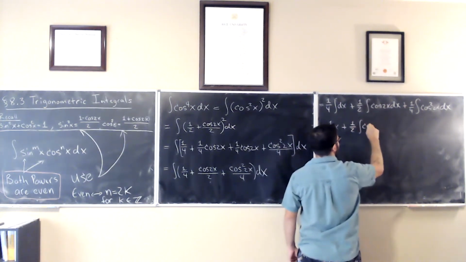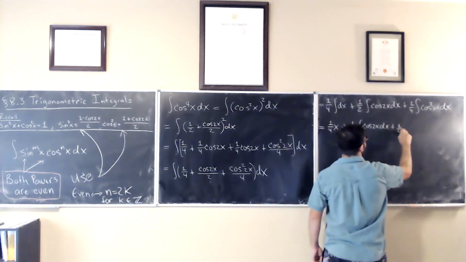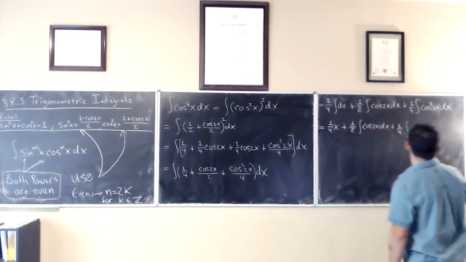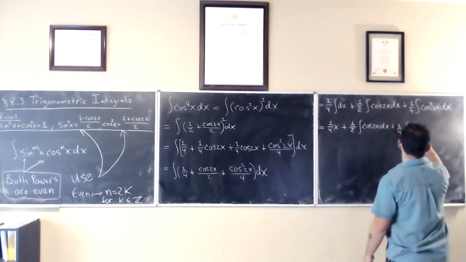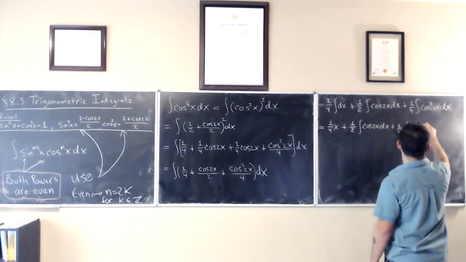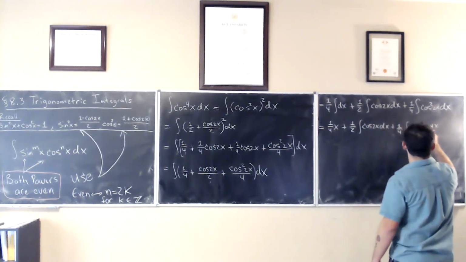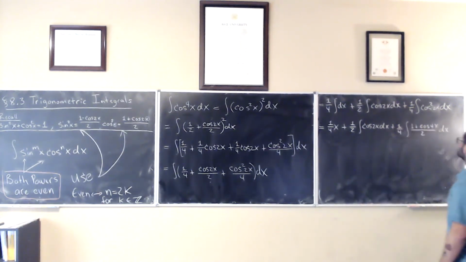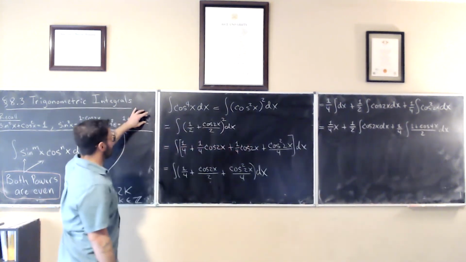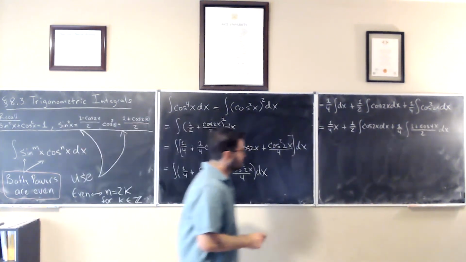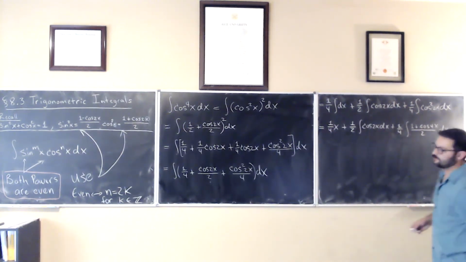I'll leave this one alone for now. Now this is going to be written as 1 plus cosine of 4x, over 2, because we put the 2x in as the argument, and then there's a 2 multiplying it.